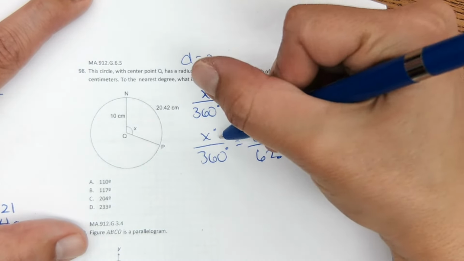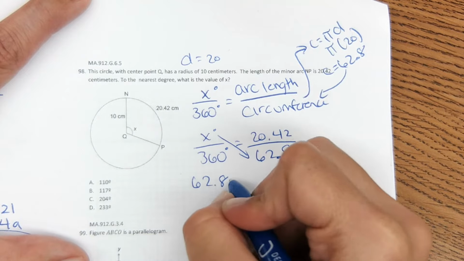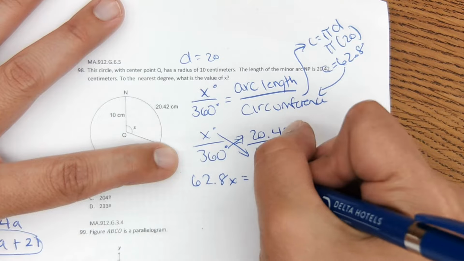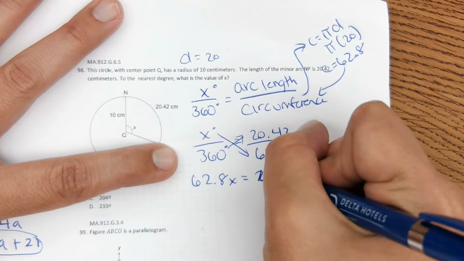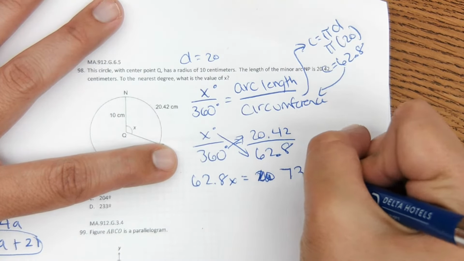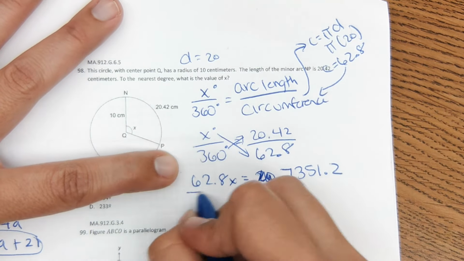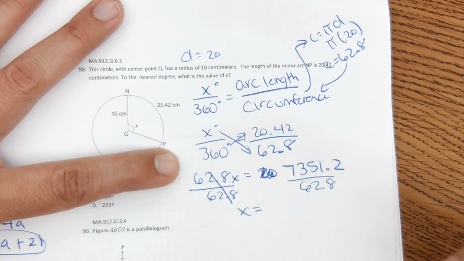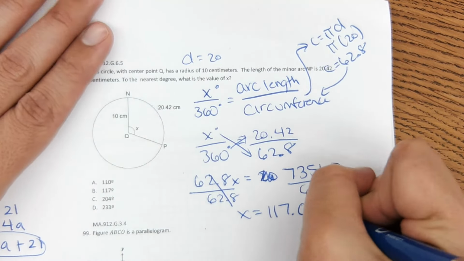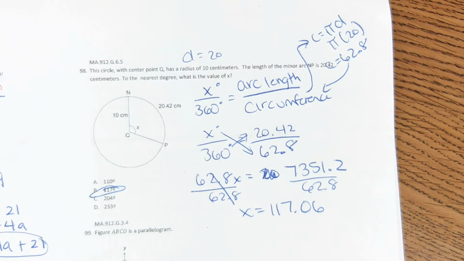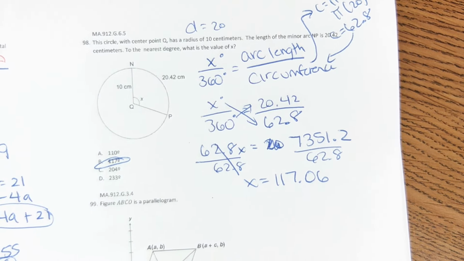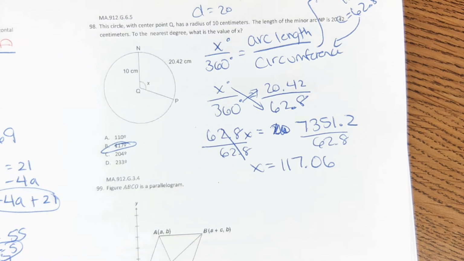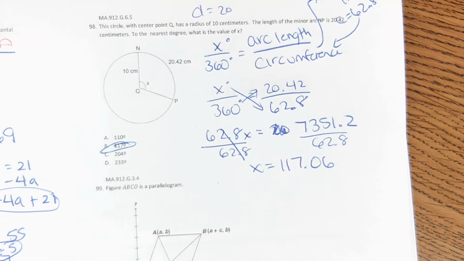And then cross multiply. 62.8x equals 27351.2. Okay, next.